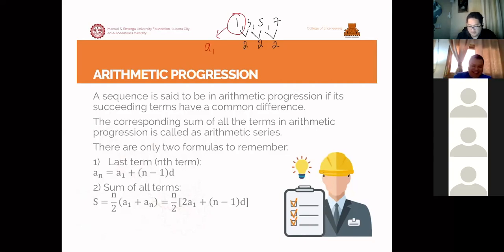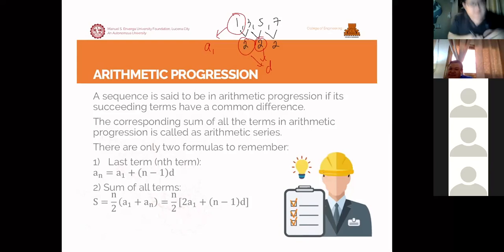Ang n ay kung pang-ilang term ang pinapahanap, at yung d ay yung difference. Then sum of all terms, ang formula naman niya is n over 2 times a1 plus an. Since may an na present doon, pwede mong i-substitute yung formula ng an dito. Kaya meron tayong another formula for summation: n over 2 times 2a1 plus n minus 1 d.